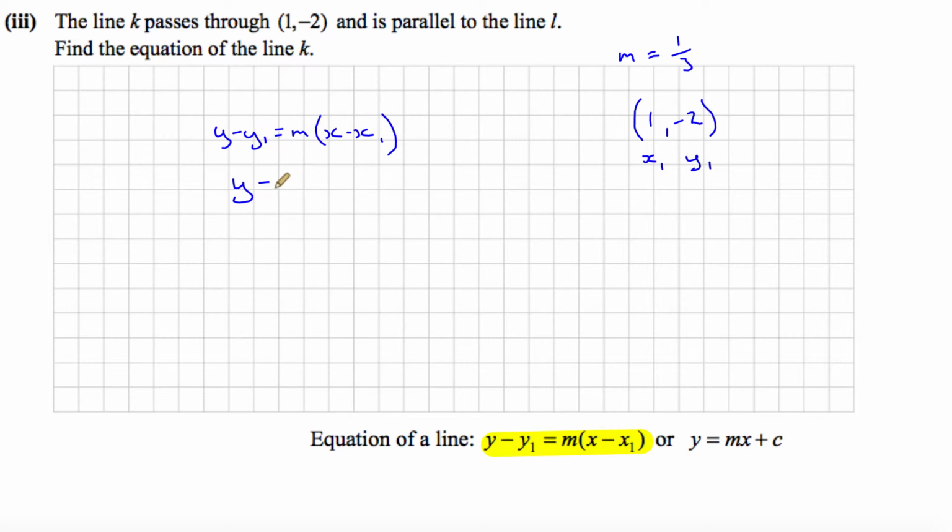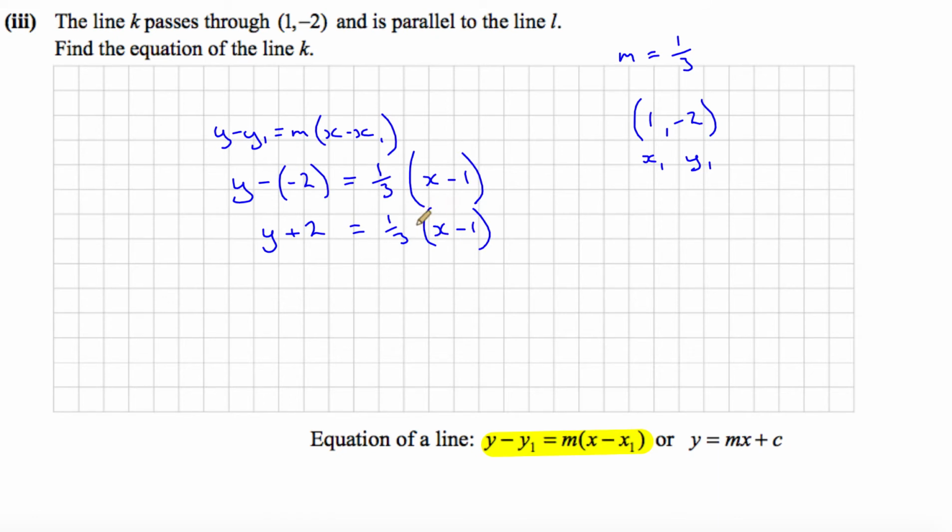So y minus y1 is minus 2, protect that with a bracket there, is equal to the slope, which is 1/3, m, bracket x minus x1, and x1 is number 1. So tidying up now, minus minus 2 is positive 2, equals 1/3 (x minus 1).